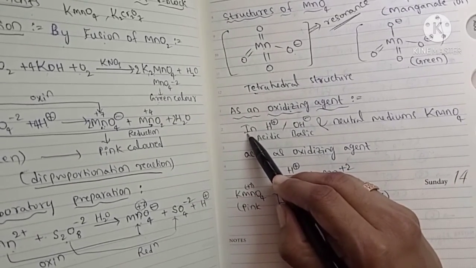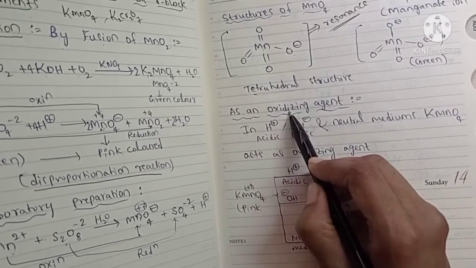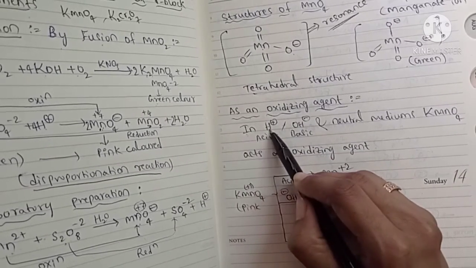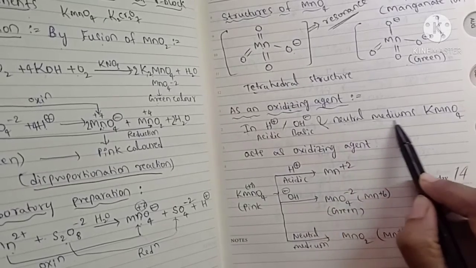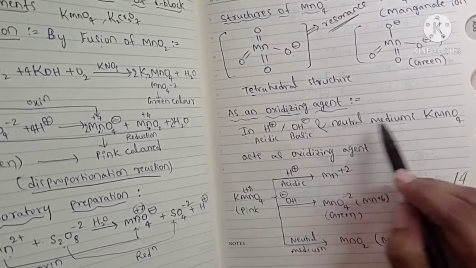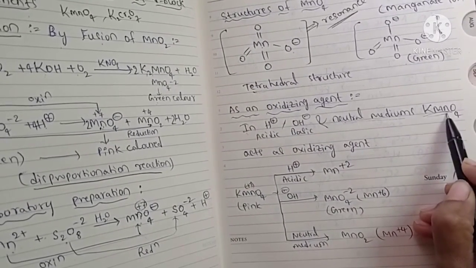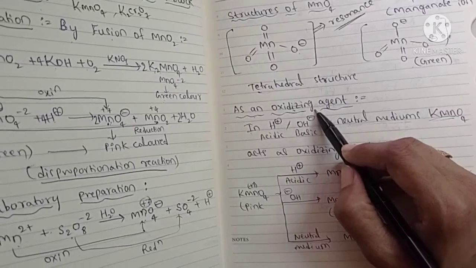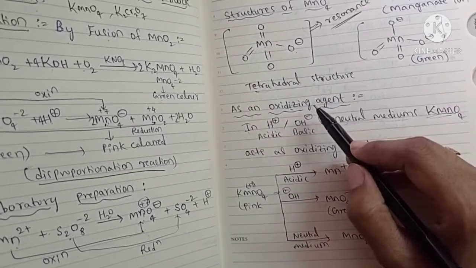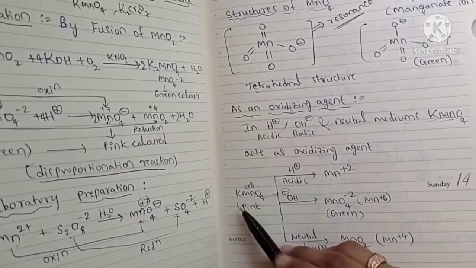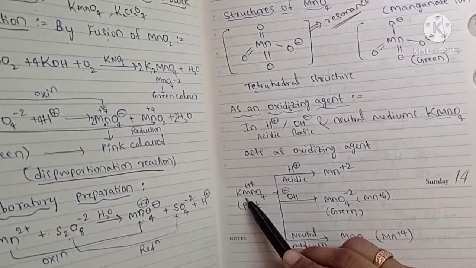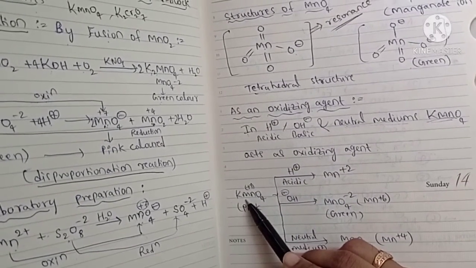KMnO4 acts as an oxidizing agent in acidic medium, basic medium, and also neutral medium. In all mediums KMnO4 acts as the oxidizing agent, meaning it is itself reduced and it oxidizes other substances. Let us see how KMnO4 changes in acidic medium.